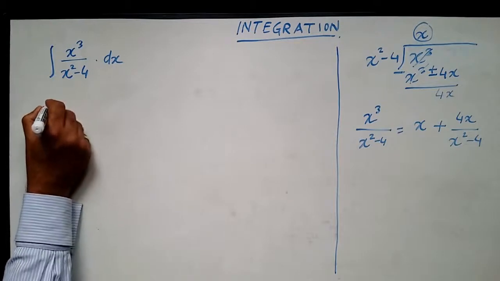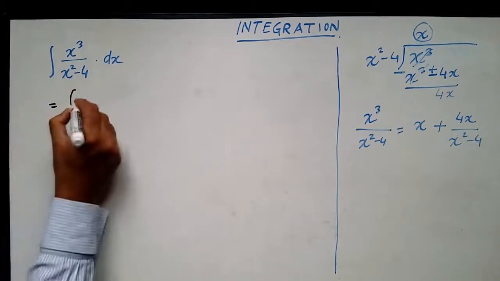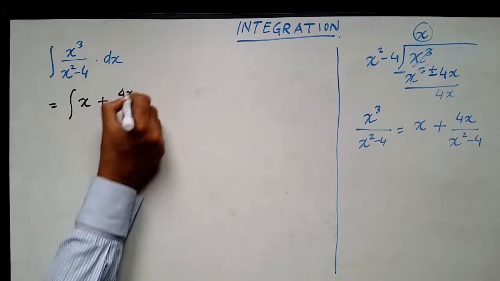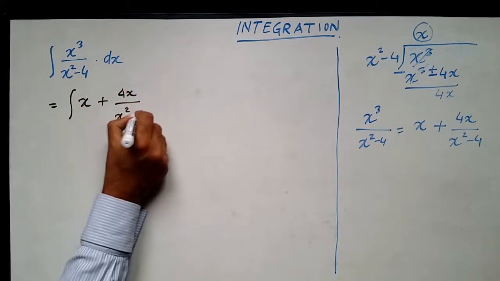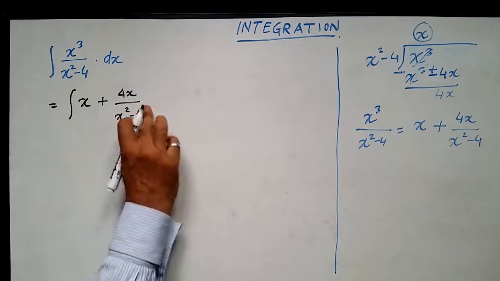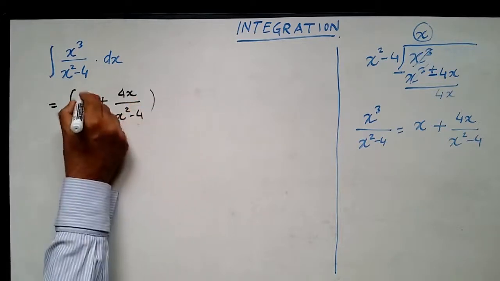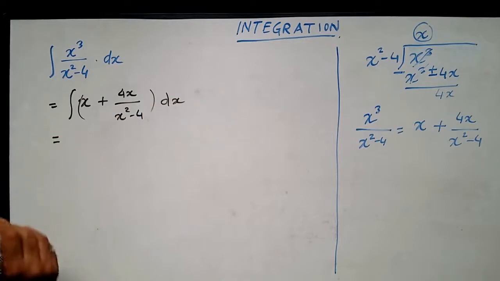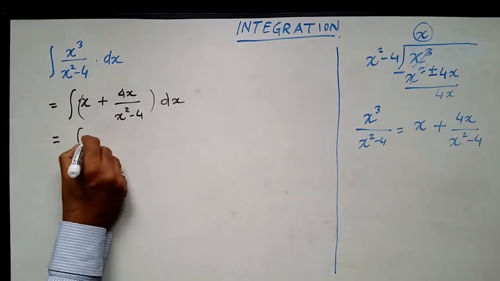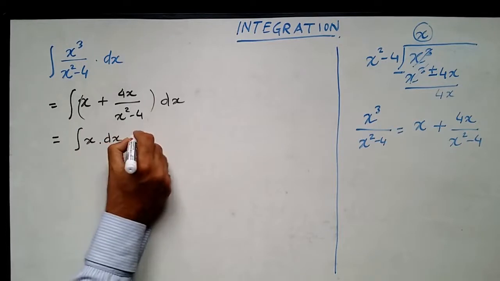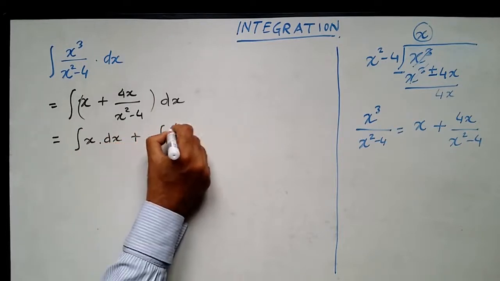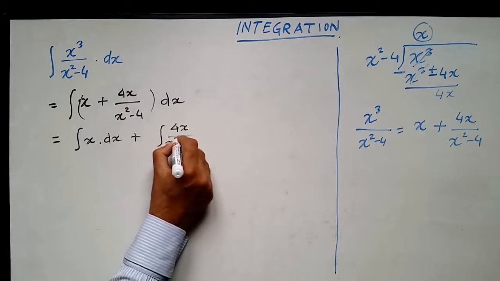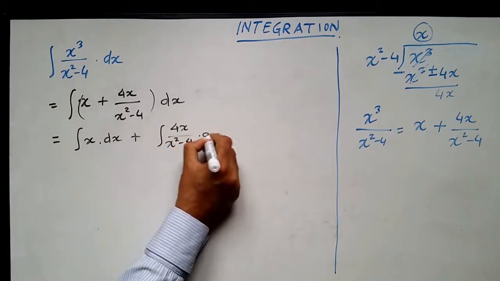So this can be written as integration of x plus 4x upon x squared minus 4 of dx. We can separate the expressions. That means it is integration of x dx plus integration of 4x upon x squared minus 4 dx.